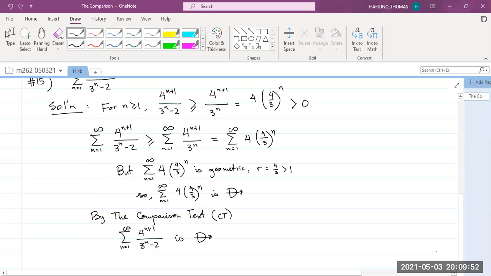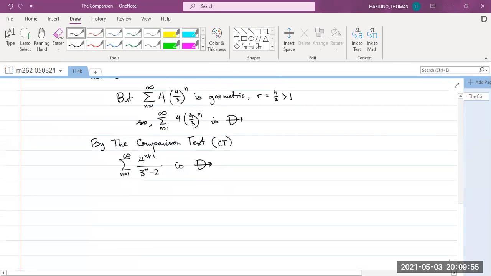Let's see number 21. I think that one is harder. Number 21, we have the series from 1 to infinity of square root of n plus 2 over 2n squared plus n plus 1.